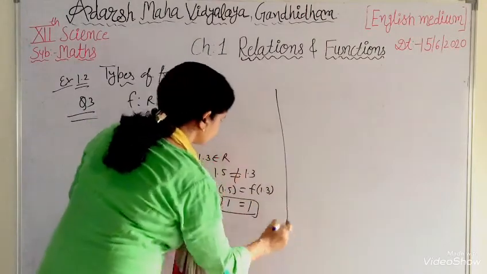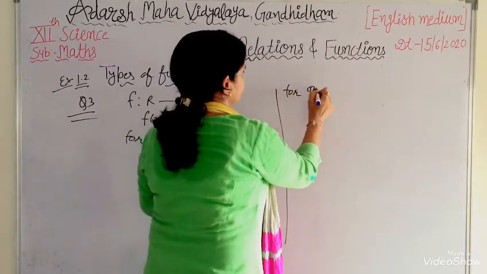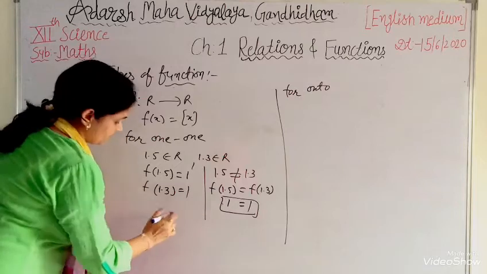Okay. Now, student, for onto. You write here, the function is not one-one.